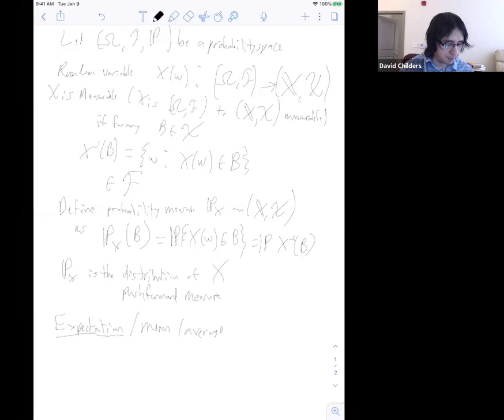And so what is this? For each P on omega F, there is a map on the space of random variables, which we denote with an E with an extra line, the expectation.